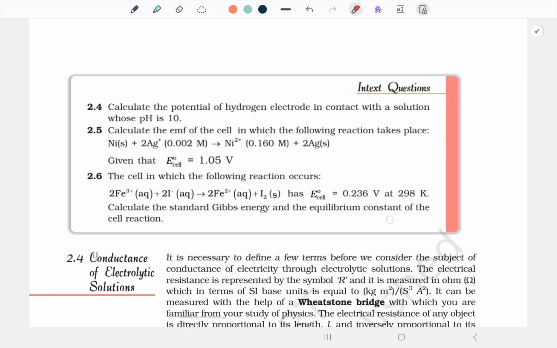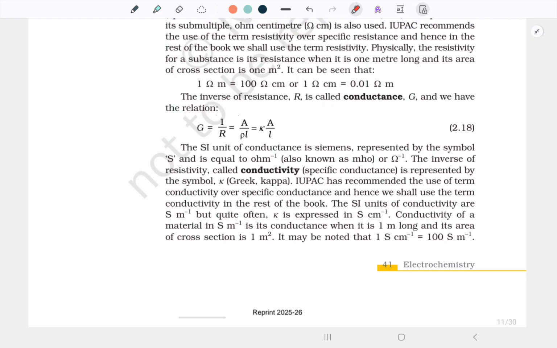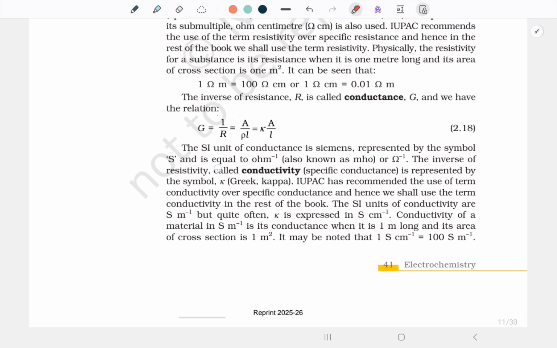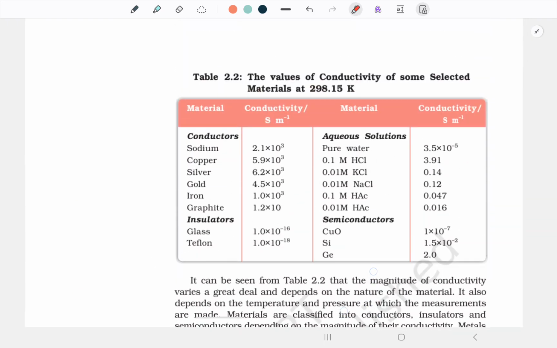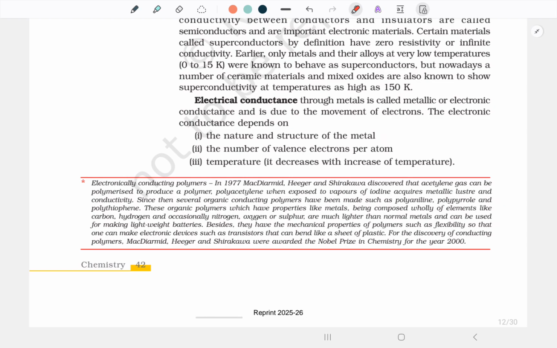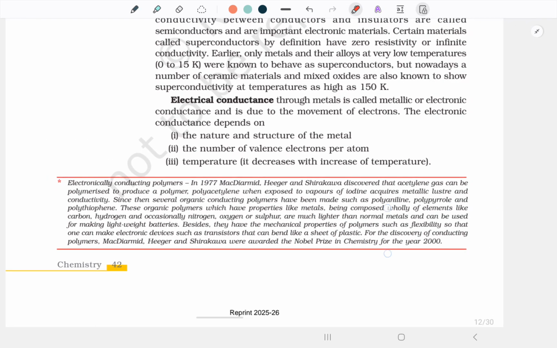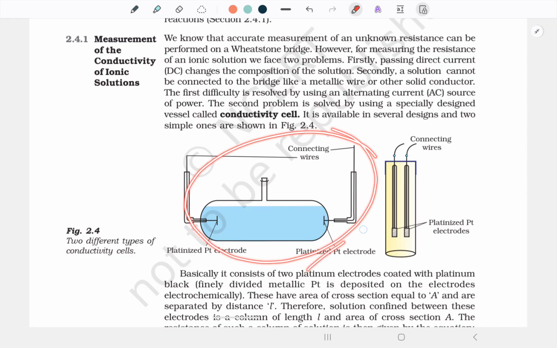And today we have understood some basic terms regarding the conductivity, and we knew the formulas of conductivity and resistivity and their units, and we also studied about the electrical conductance and the factors which will affect the electrolytic conductance. This is the conductivity cell.